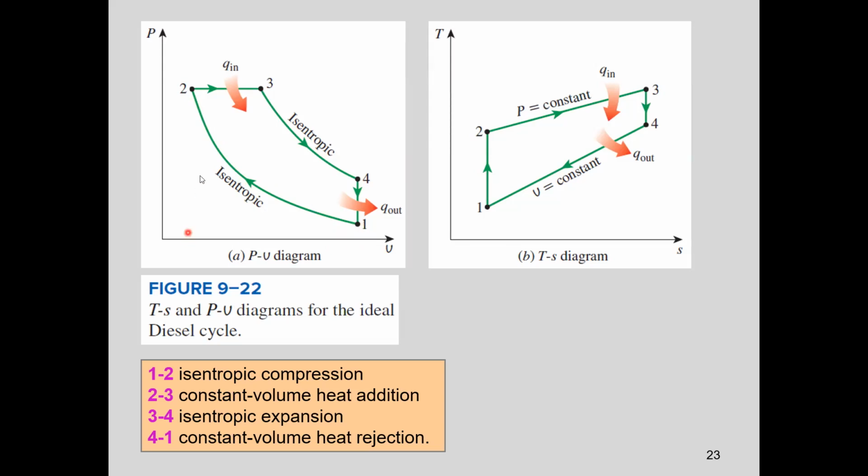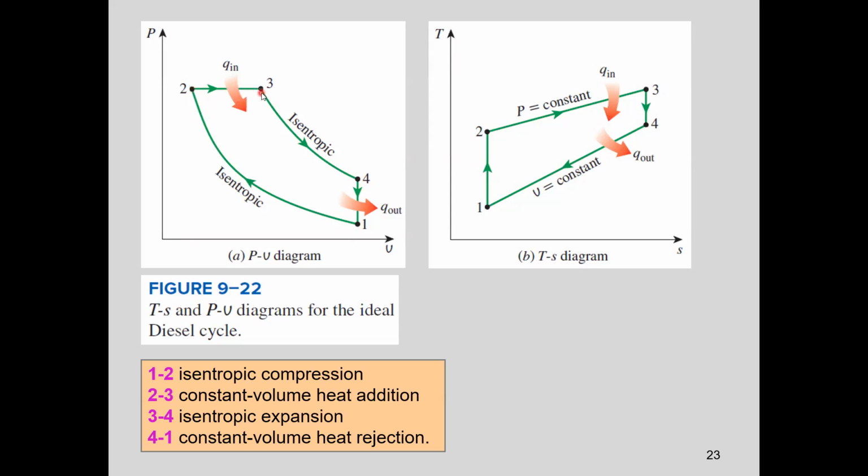At 2, between 2 and 3, you have heat addition process, which is replacing the actual combustion process in the cycle. And the combustion process is modeled by a constant pressure heat addition process, the process 2, 3.